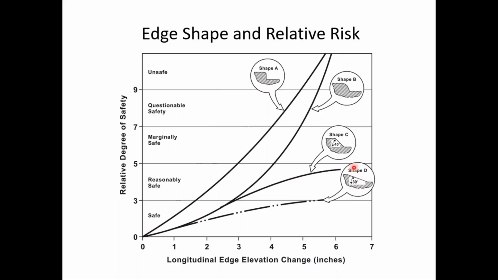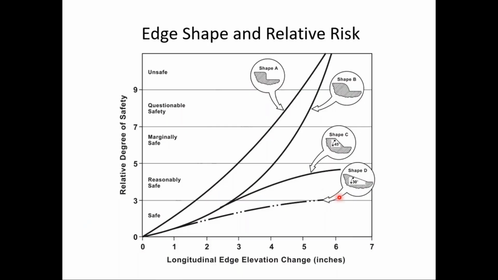But notice with this shape D, the 30-degree wedge, or as it's called, the safety edge, notice that even at 6 inches or close to 6 inches, that is still in the safe, or just moving from safe to reasonably safe condition.